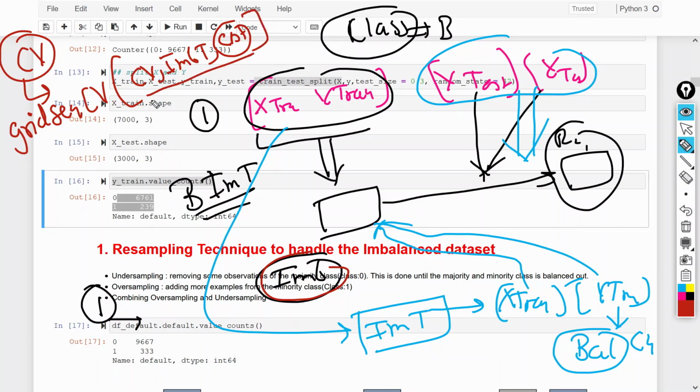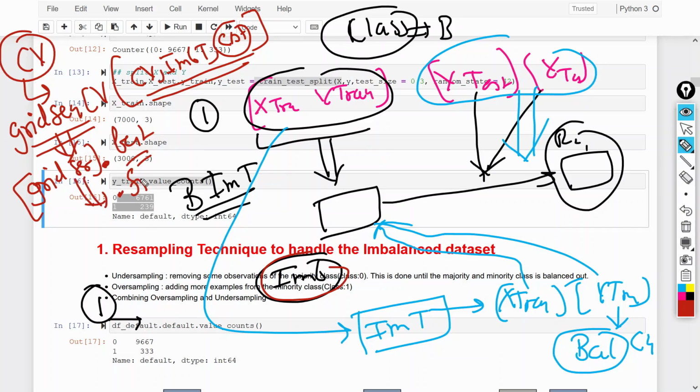All the three things we will use inside the grid search cross validation. By using that, I will get the object of the grid search. Then we will get the best parameter, and by using this particular object, we will again train our model with the help of these best parameters.